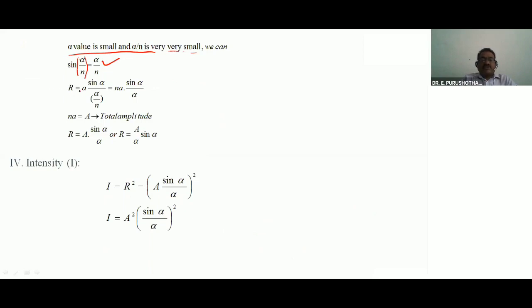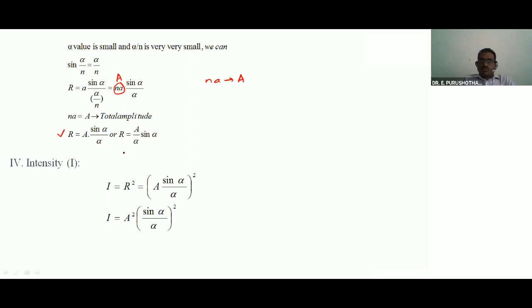Substituting in that equation, R is equal to A sine alpha by alpha by n, so we can write this as n into A sine alpha by alpha. But nA is equal to capital A, the total amplitude. We can write R is equal to capital A by alpha into sine alpha. This is the resultant amplitude.